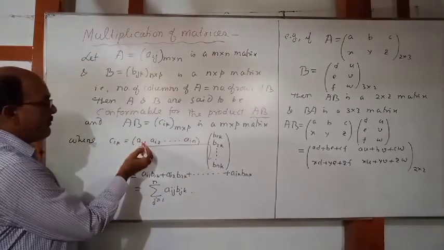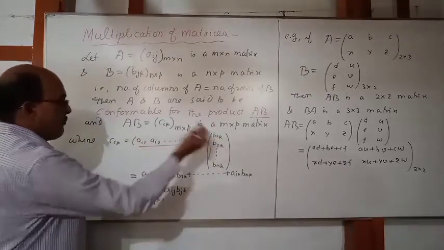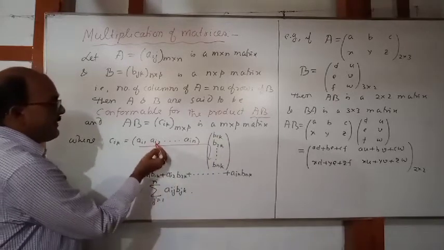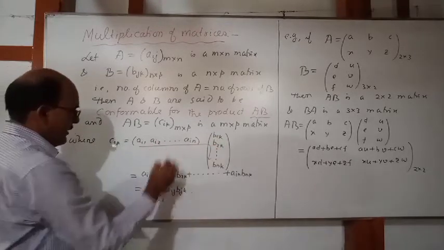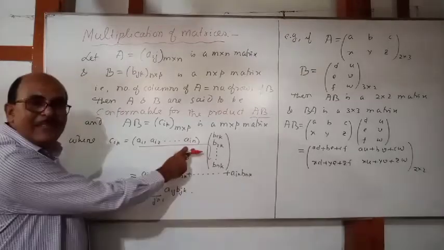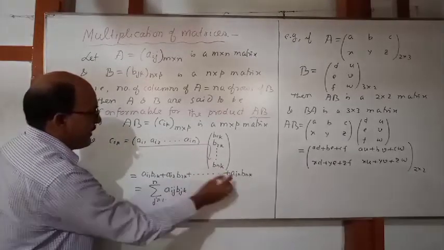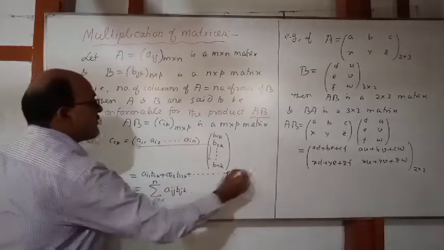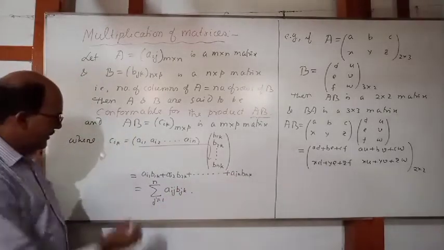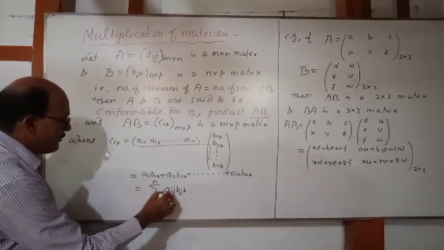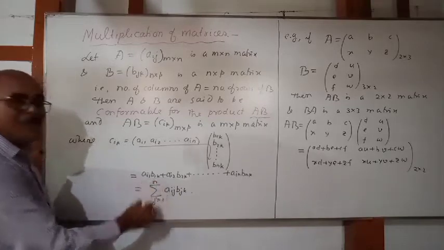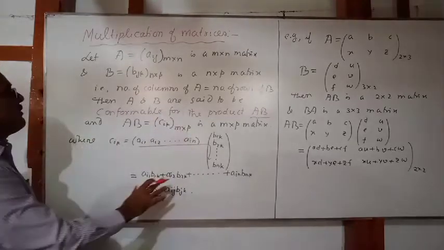First element Ai1 into first element B1k, plus second element Ai2 into second element B2k, plus dot dot dot, last element Ain, here last element Bnk. So this is the ith element, and in short we can write sigma Aij Bjk, j from 1 to n. So this is the definition of the product.